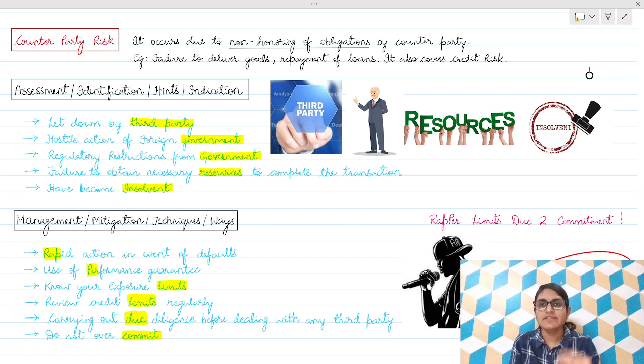Hostile action by foreign government. Regulatory restrictions from government. Resources: failure to obtain necessary resources to complete the transaction. Have become insolvent.